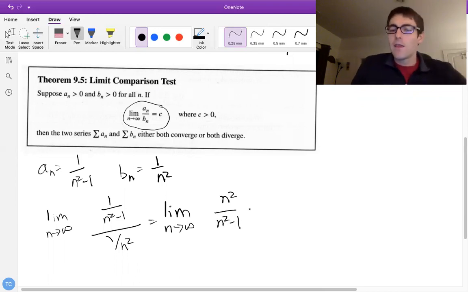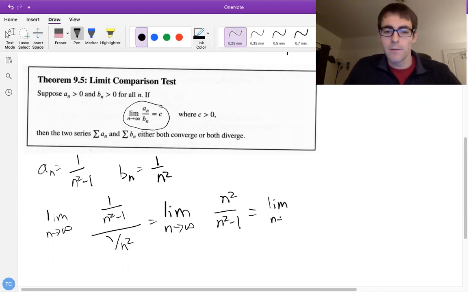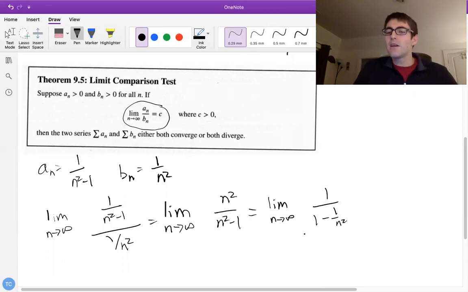And once it's written like this, you may have a hunch that this thing limits towards 1. We could do a little bit more algebra to make that even more clear by dividing through by n squared, and we get 1 over 1 minus 1 over n squared. So as n goes to infinity, this term goes to 0, and this thing ends up equaling 1.